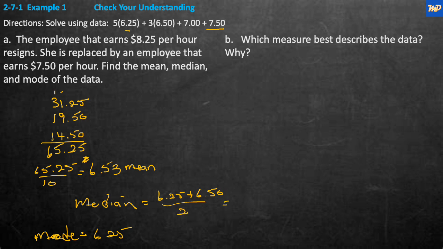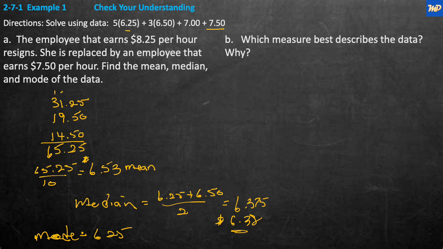And that equals what? 1275 divided by 2 is going to be 6.375. And if you round it, it'd be $6.38. That didn't change.